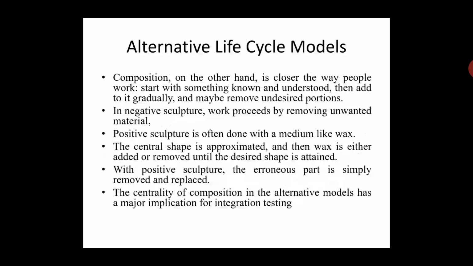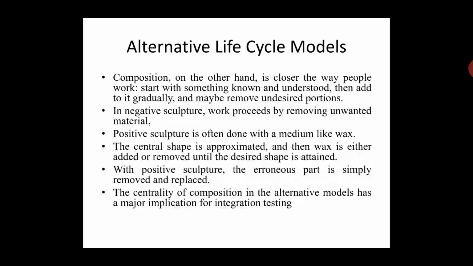Here the central shape is approximated, and then wax is either added or removed until the desired shape is attained. Until you get a perfect shape, you add or remove. With positive sculpture, the erroneous part is simply removed and replaced, right?